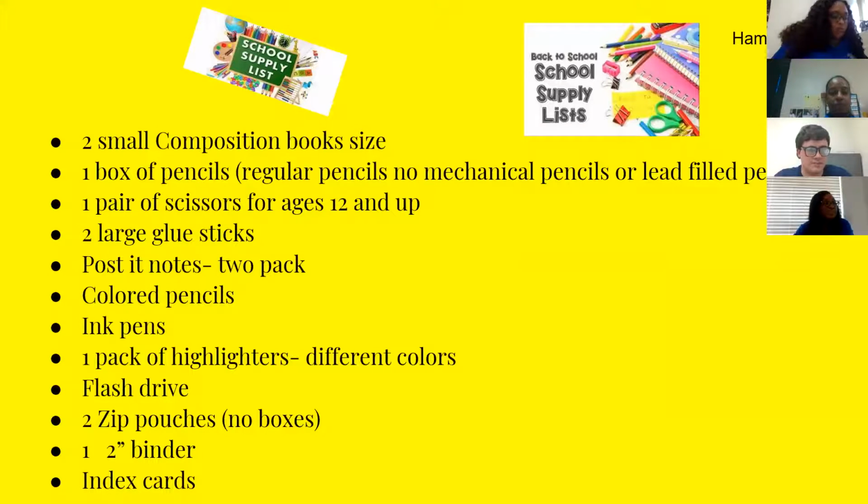But as a general rule, your kid is going to need 2 small composition books, 1 box of pencils, and please no mechanical pencils or lead-filled pencils, 1 pair of scissors, 2 large glue sticks, Post-it notes, 2 packs, colored pencils, ink pens, 1 pack of different colored highlighters, a flash drive, 2 zip pouches, no boxes, a binder, and a pack of index cards.